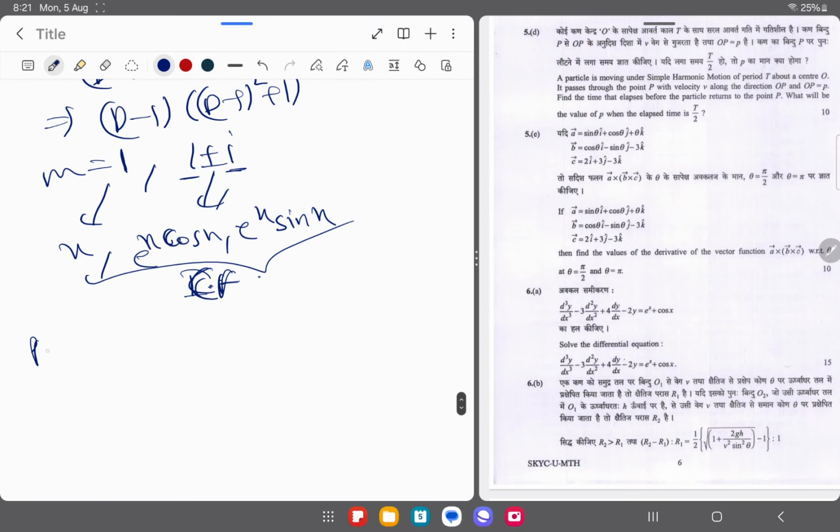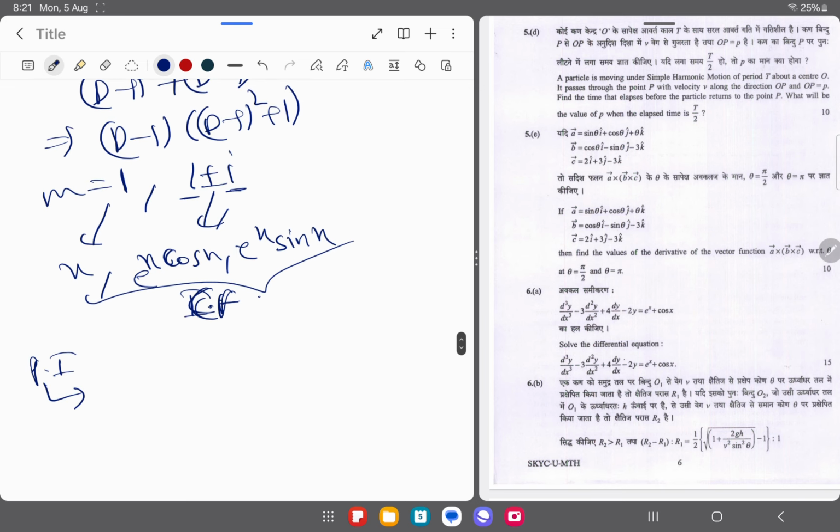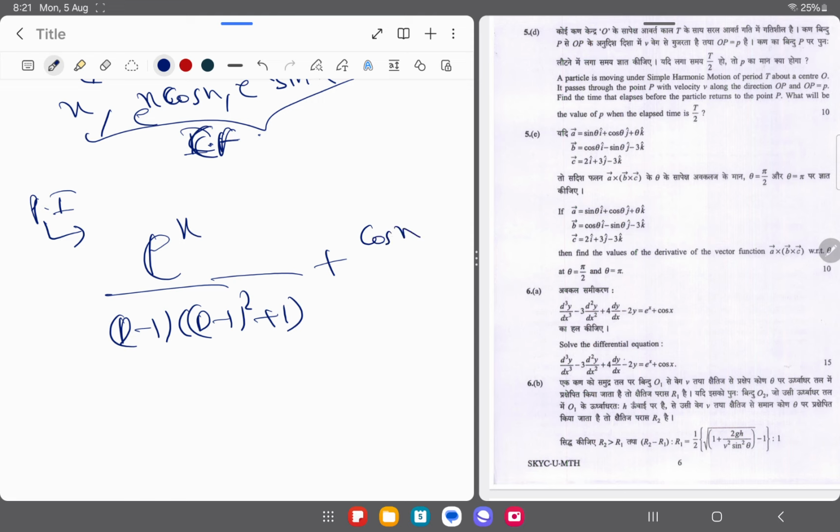Now we have to find PI, particular integral. So what we can do: 1 by (D minus 1) into (D minus 1) whole square plus 1 on e power x plus cos x, and cos x by the same.